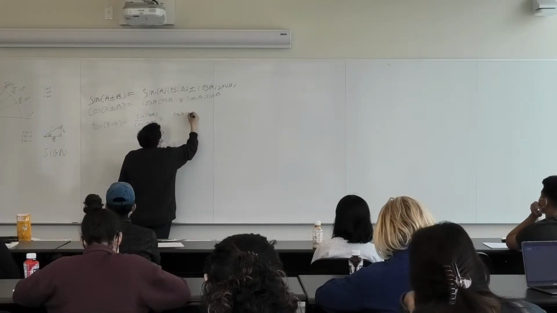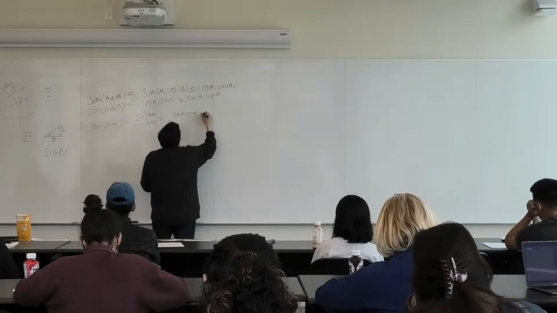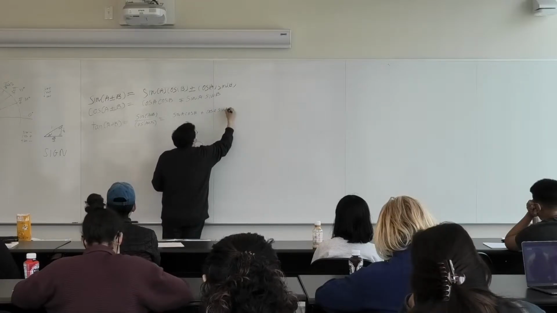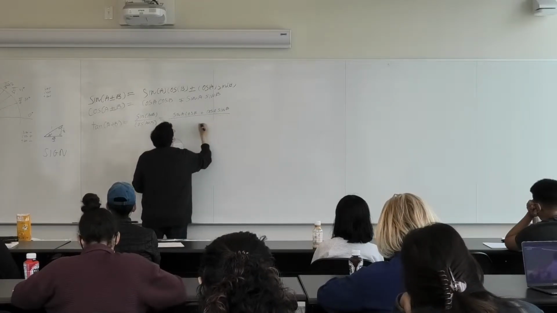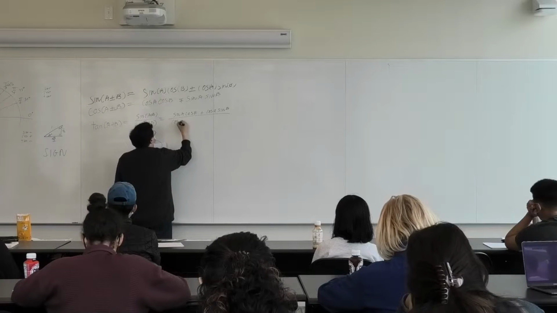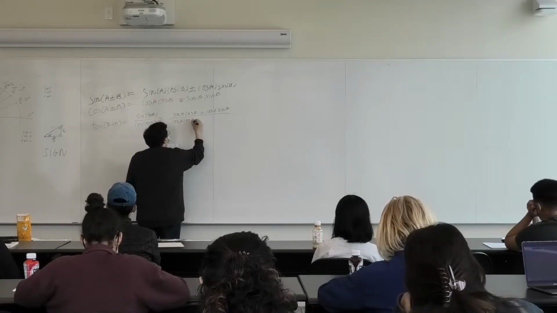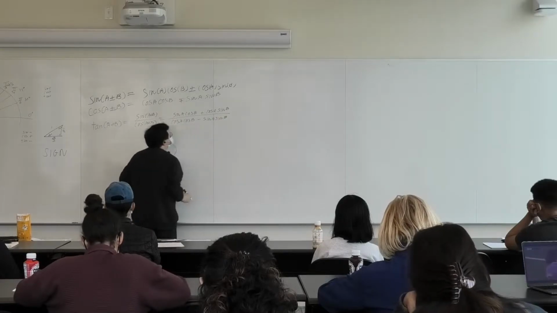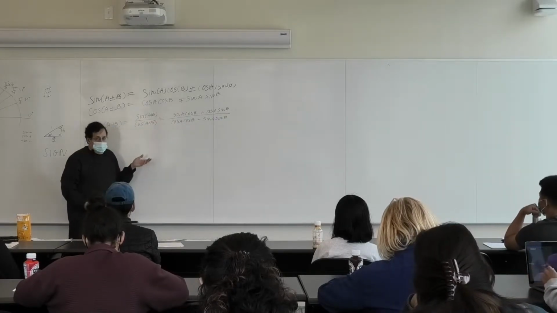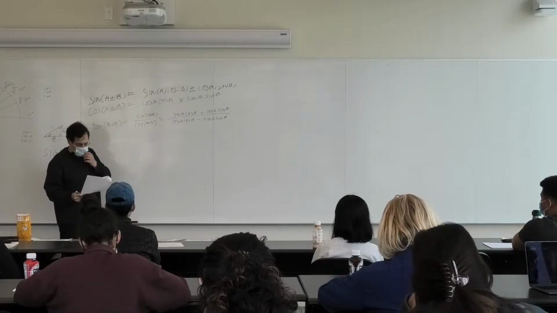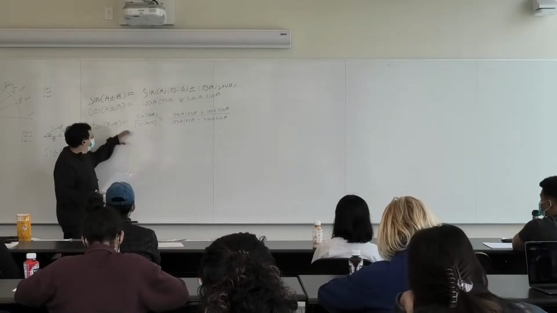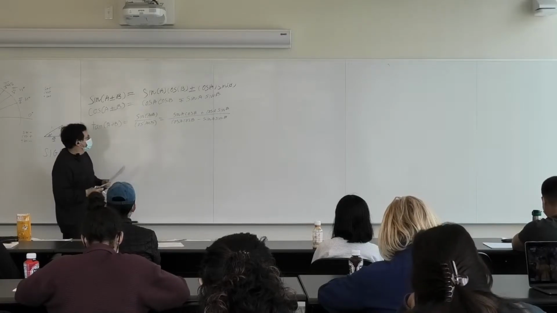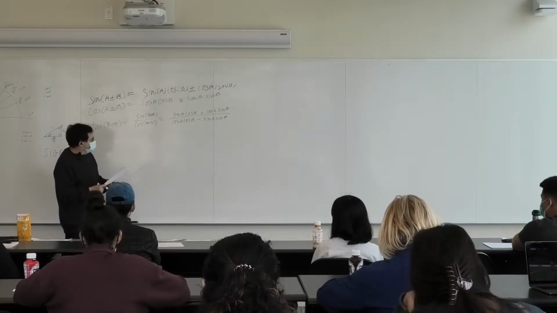Sine A cosine B plus cosine A sine B over cosine A cosine B minus sine A sine B. Now, that already gives you the formula in terms of sines and cosines, but usually we want to write this in terms of tangents, so we need to find a way to turn it into a tangent.